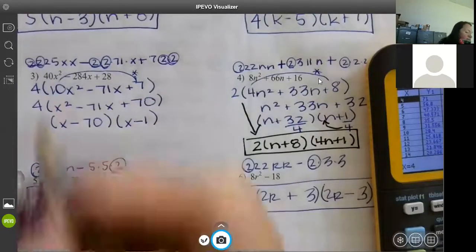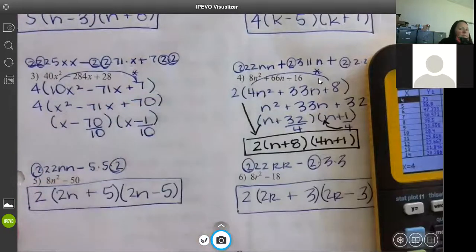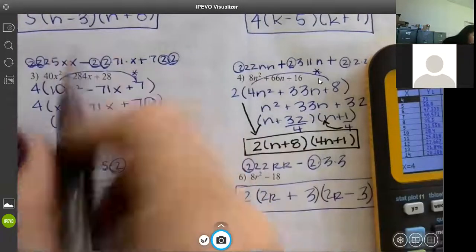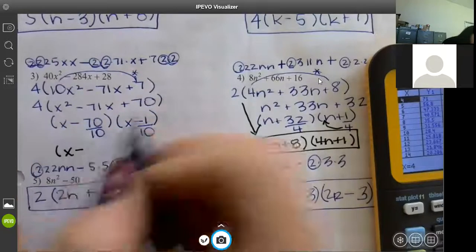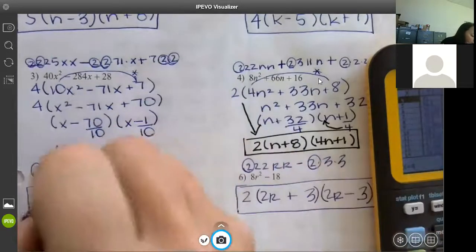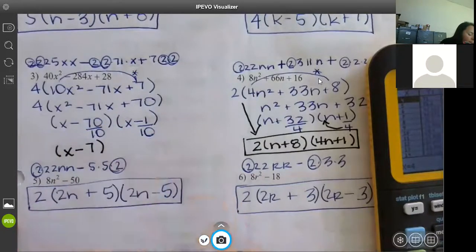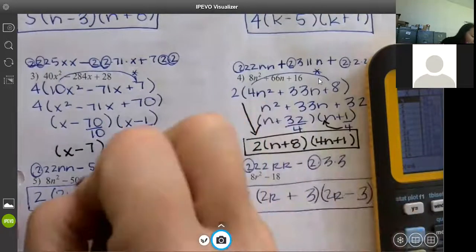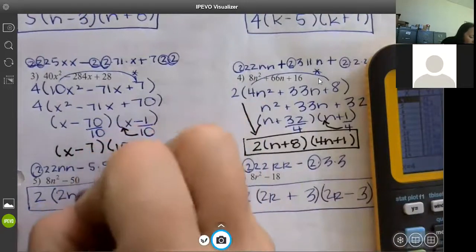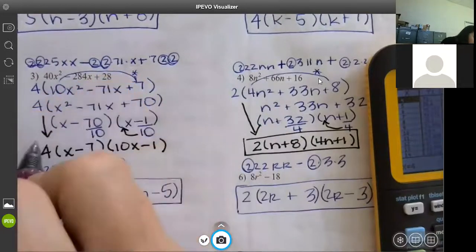I did slide. So now I divide. What is 70 over 10? 70 divided by 10? 7. What do I do to this one? Put the 10 in the front. And then don't forget to bring down your 4.